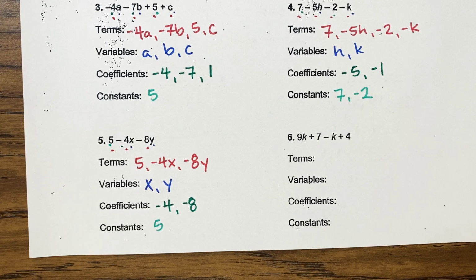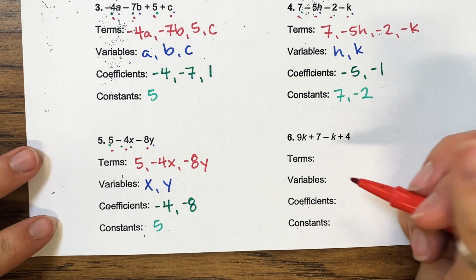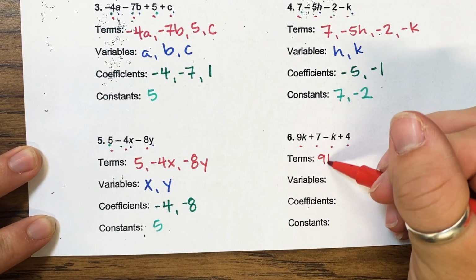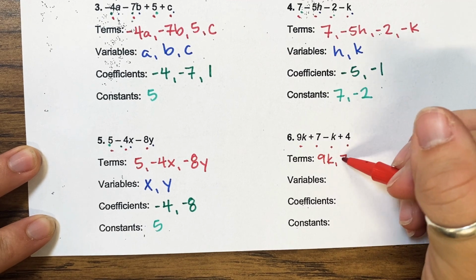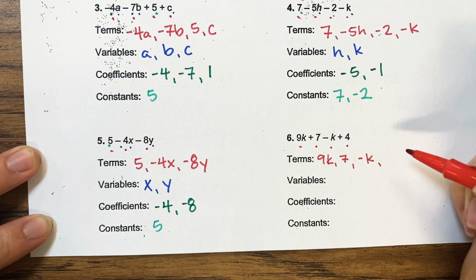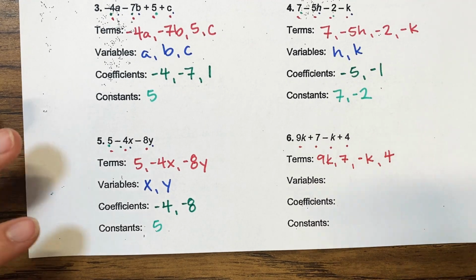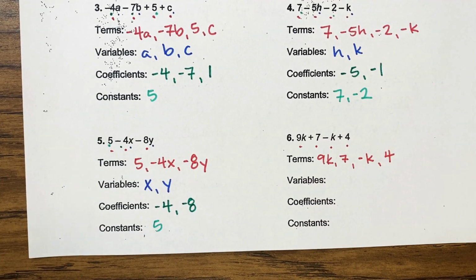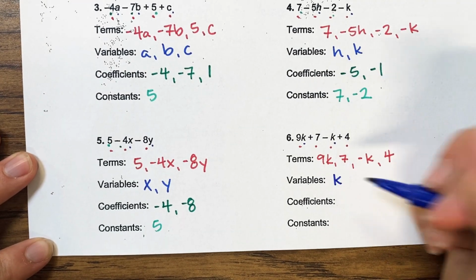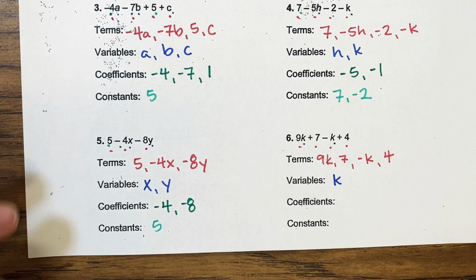Okay, 6. What are our terms? We have 1, 2, 3, 4 of them. Our first one is 9k. Second one is 7. Third one is -k. And our fourth one is 4. Our variables. I see a K and a K. That's the same letter, so we can just write one of them.